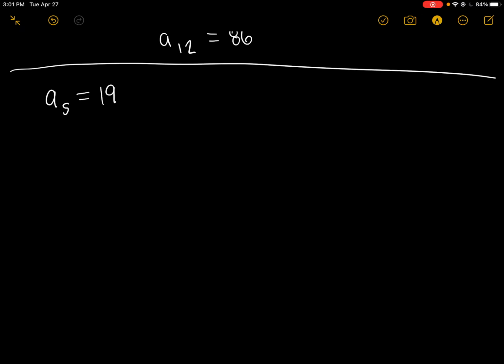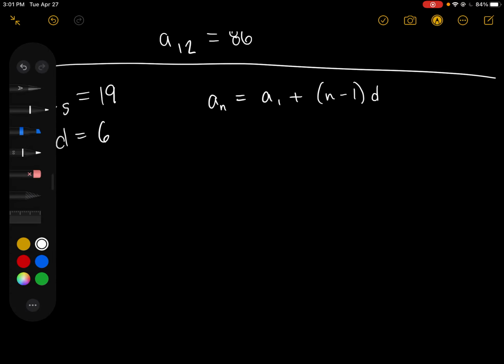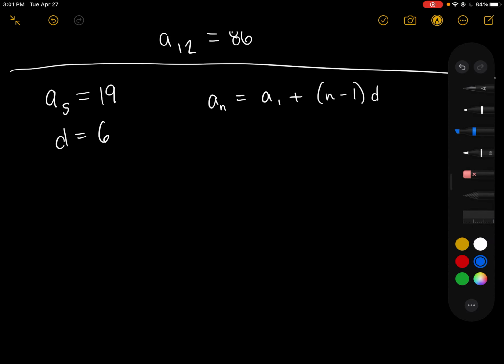So that is one example of solving with arithmetic sequences. A second example that you might see is sometimes they'll give you some values, and they'll ask you to solve. So if they give you the 5th term in a sequence is 19, the common difference is 6, they might ask you, okay, set this up and solve. Well, A subscript n equals the first term plus n minus 1 times d.